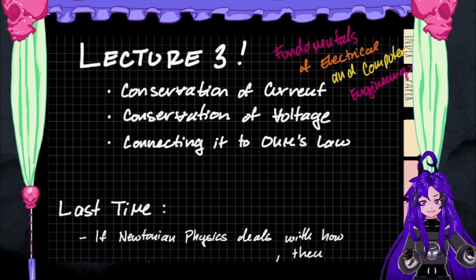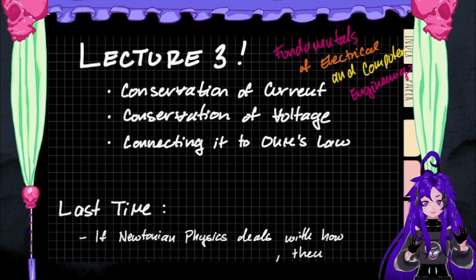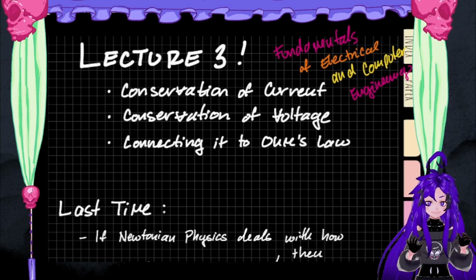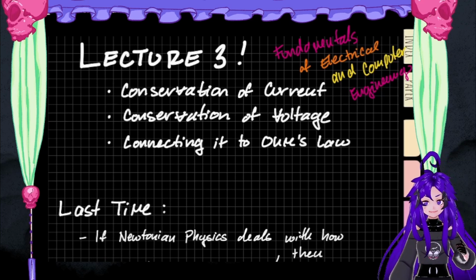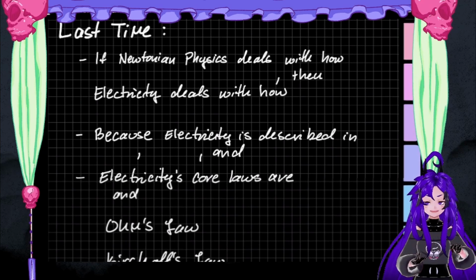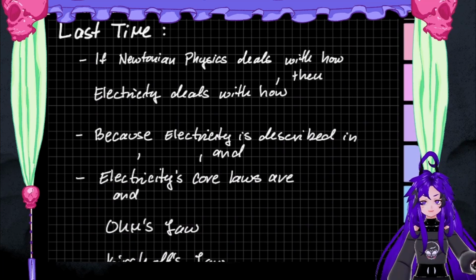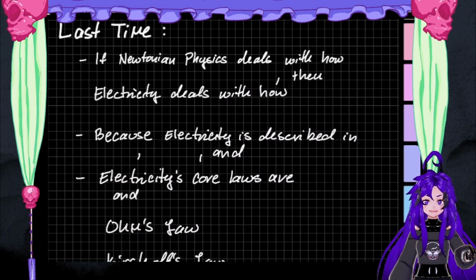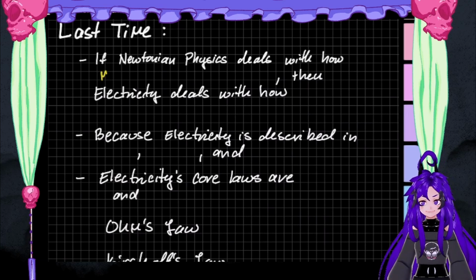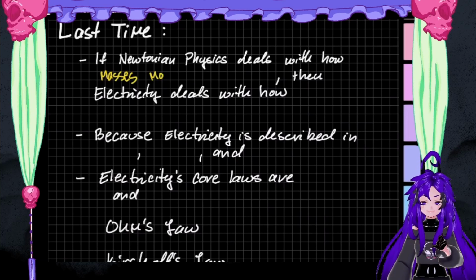This time we are talking about the conservation rules of current and voltage, and we are going to connect them to Ohm's law. So, last time we talked about how in Newtonian physics, things deal with the way that masses move over time.